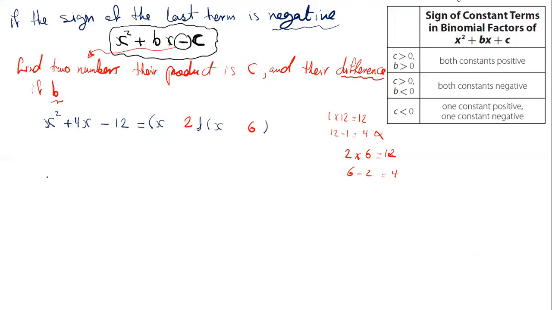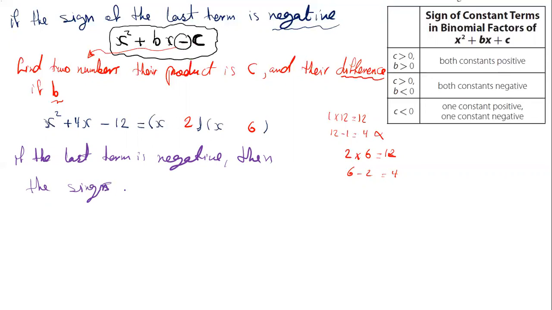Now the turn for the sign inside the brackets. If the last term is negative, so C is negative, then the signs will be different.